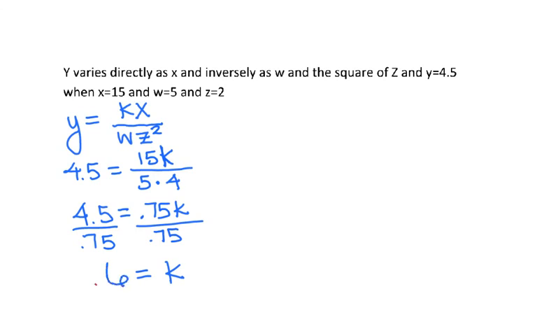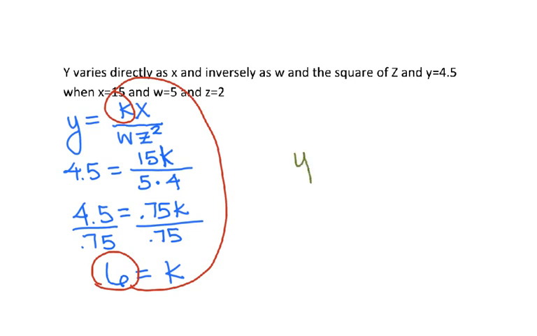So again, now we take this value for k and we put it back into our original. We're going to end up with an answer of y equals 6x over wz squared.